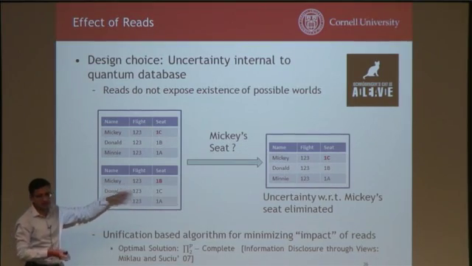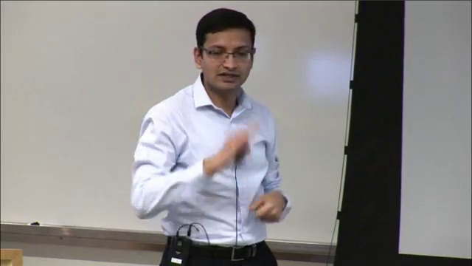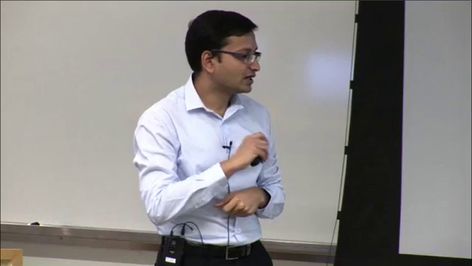In general, it can actually be a set of possible worlds. And we have a unification-based algorithm, which is not optimal, but it works in practice. In fact, the optimal solution is actually Pi_2^p-complete, and it can be related to a completely different problem of information disclosure through views, in this famous paper of Miklau and Suciu.